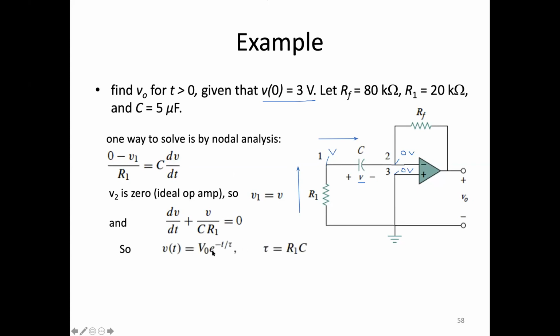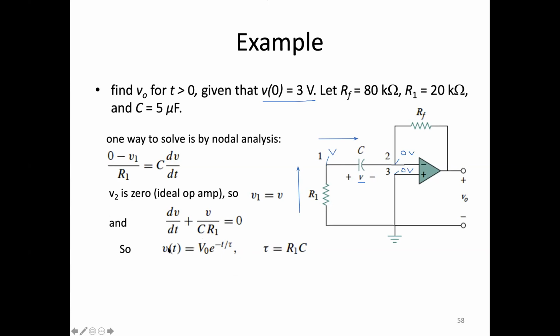And we get the same thing as before, namely a first order ordinary differential equation to which we can easily pose a solution of the following form. So in other words, you should be able to verify that if you plug in an exponential function into V, you will always be able to find a coefficient V naught and tau to satisfy this equation, where tau is equal to the product of R1 and C.